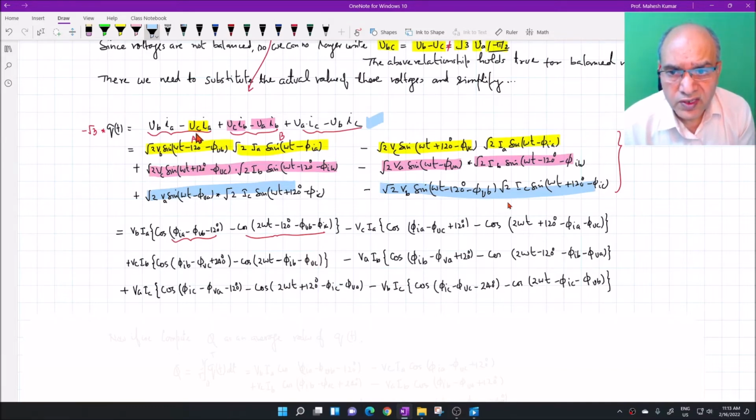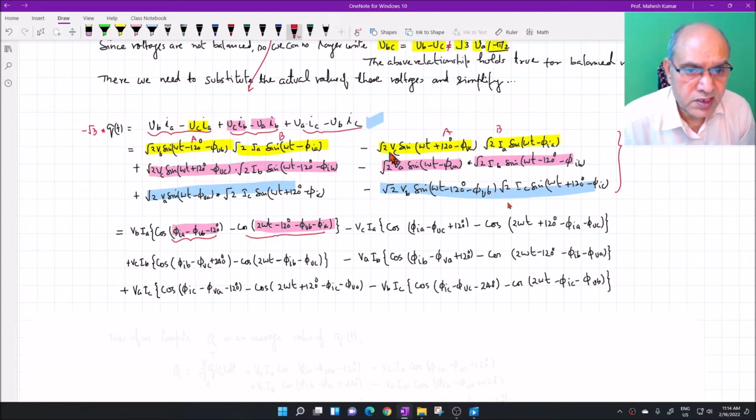If you take the first term, BBIA minus BCIA, then this is BBIA, this is cos(A minus B). So this is A, this is B, phi IA becomes positive, so this is cos(A minus B), minus cos(A plus B), 2 omega t minus 120 minus phi B minus phi A. This is the sum of the two angles A and B. Similarly here, A and B, minus cos(A plus B), minus cos(A minus B).